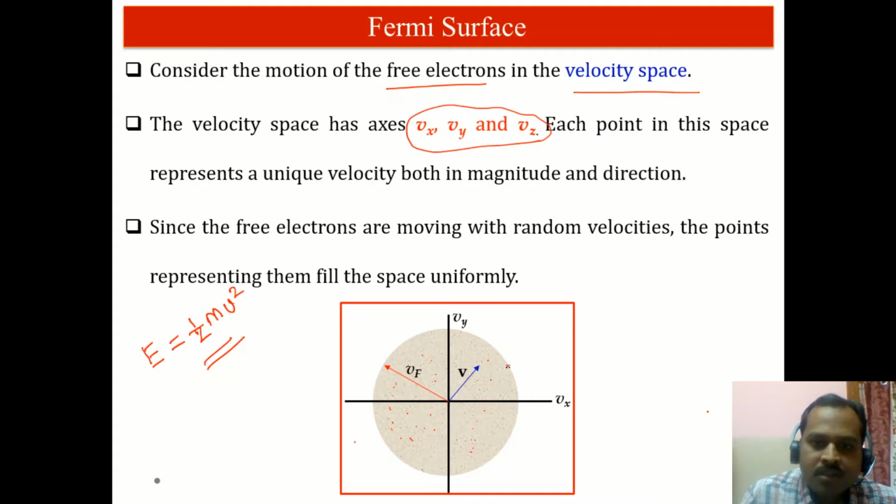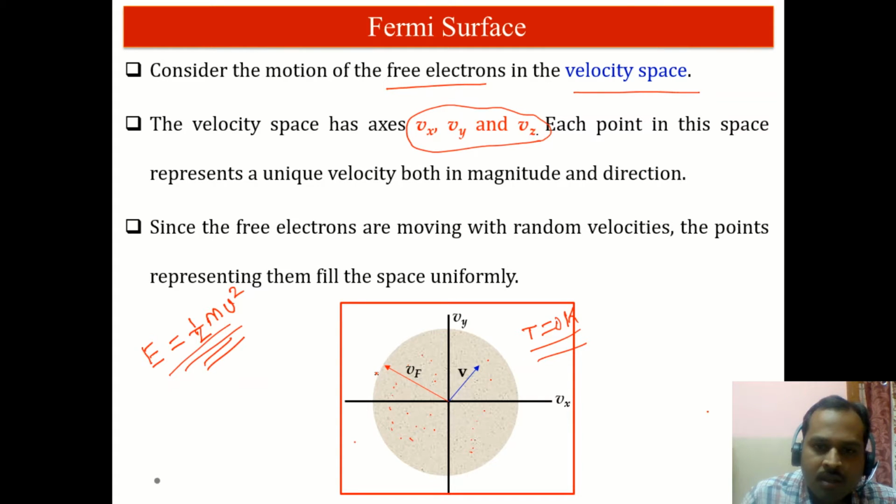Let us consider the case when the temperature is 0 Kelvin. There are no points outside a particular velocity, and that velocity is called the Fermi velocity.